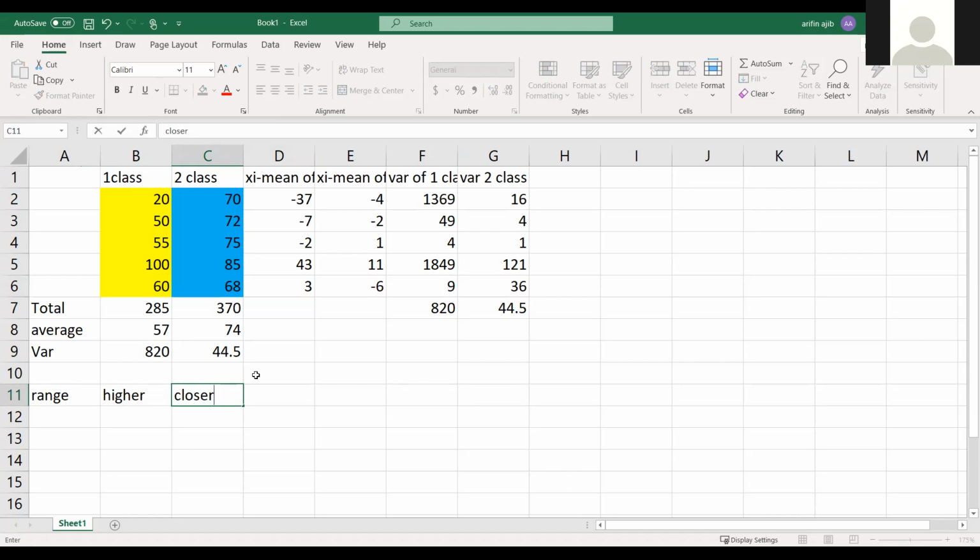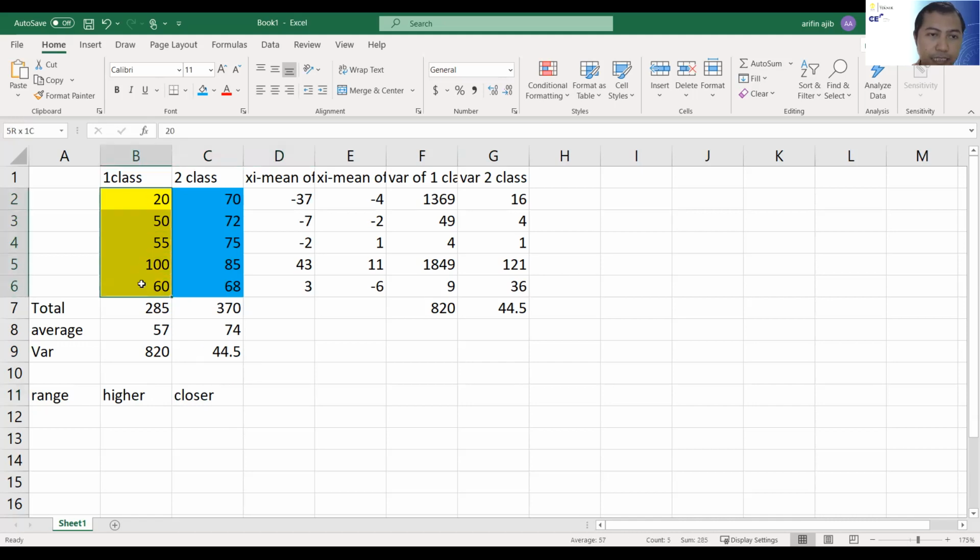The point is that you understand the difference. The first class range is higher, starting from 20 until 100, right? The second class is starting from 68 until 85.